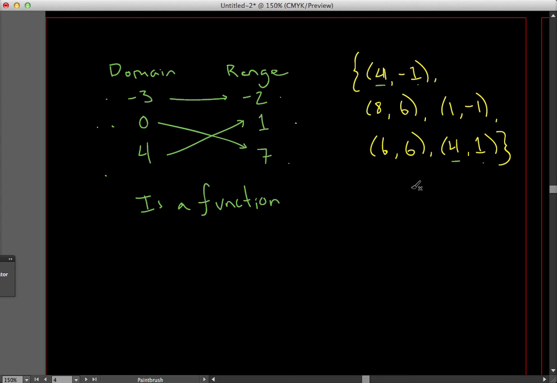So that tells me that each x coordinate does not correspond to only one y coordinate, and this relation is not a function. All right, we're going to leave that there, and then we're going to pick this up at the next lesson.